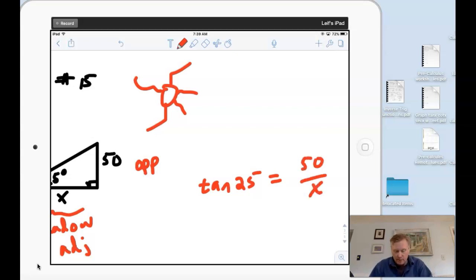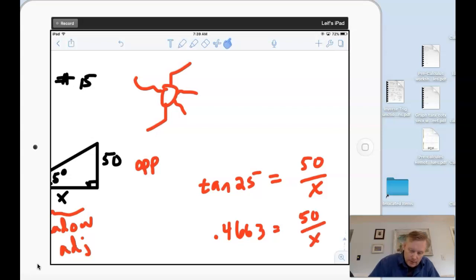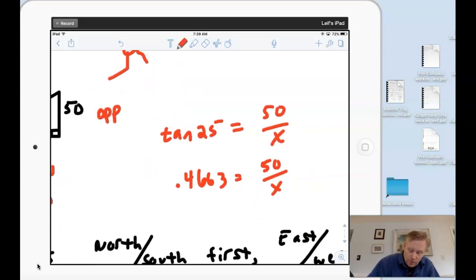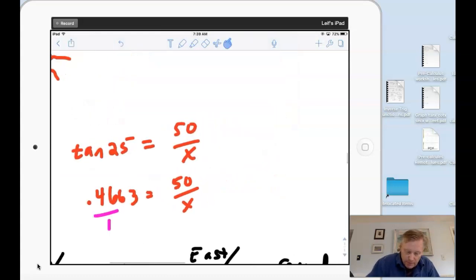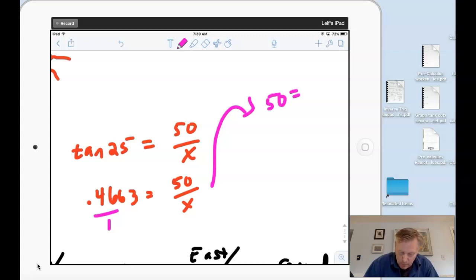Now I'm going to solve it. I take my calculator and go tangent of 25 degrees. Make sure you're in degrees, not radians. 0.4663 equals 50 over x. Then I put it over 1, cross multiply, and solve it. So I get 50 equals 0.4663x.